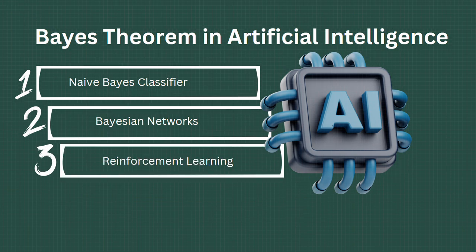And the third one is reinforcement learning. It is one of the hot topics, and one of the most important topics in the field of AI, because if you see the large language model of ChatGPT, it is doing better because of reinforcement learning. And reinforcement learning is simply when a machine learns from its own mistakes.